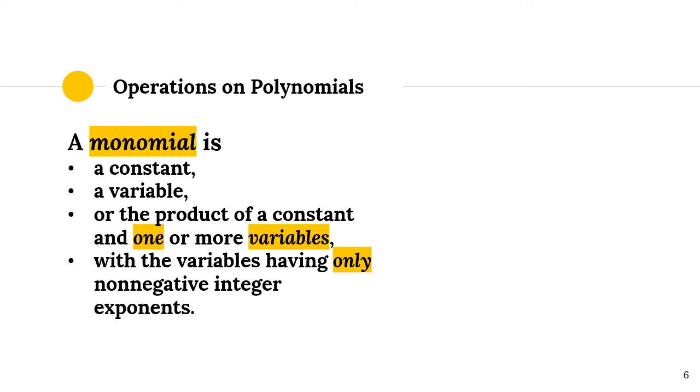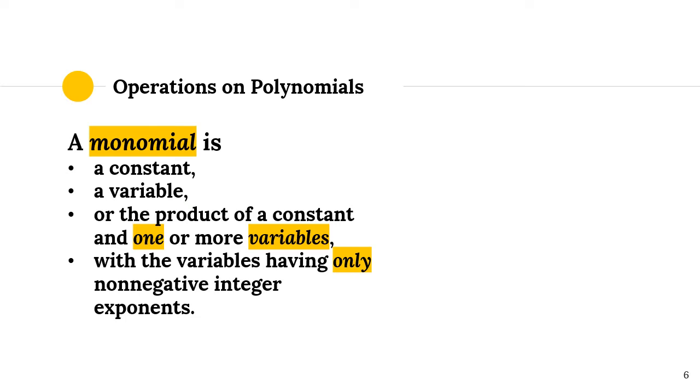And the last qualifying definition is, if we have a variable and that variable has an exponent other than the default exponent 1, then such a variable can only be considered a monomial if the variable has non-negative integer exponents.